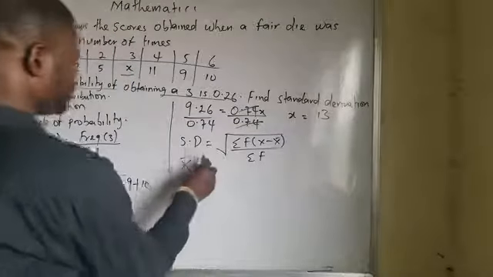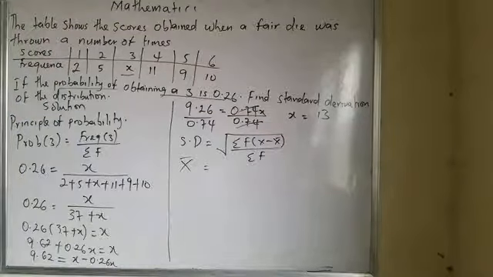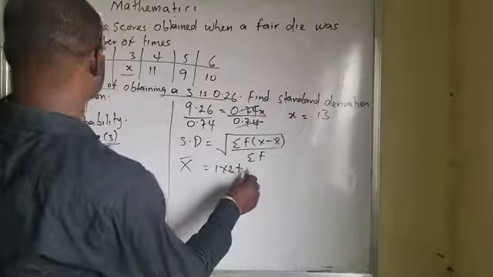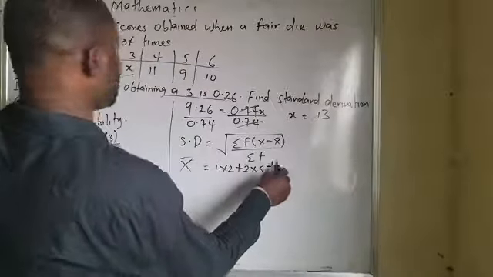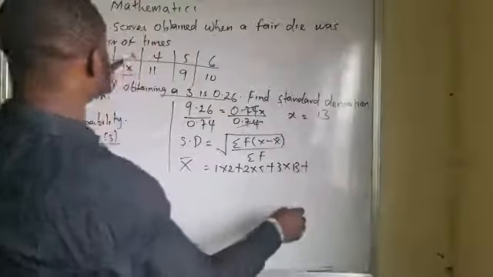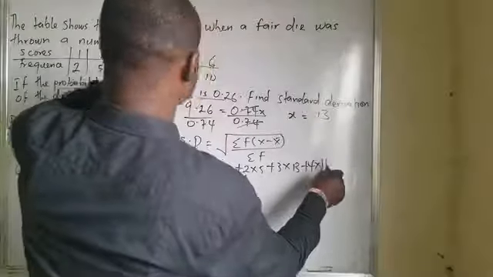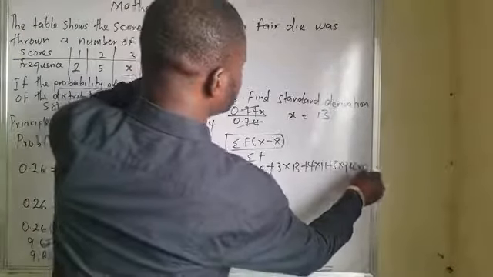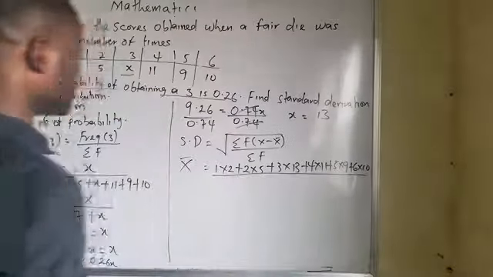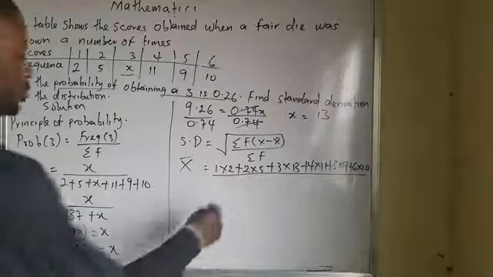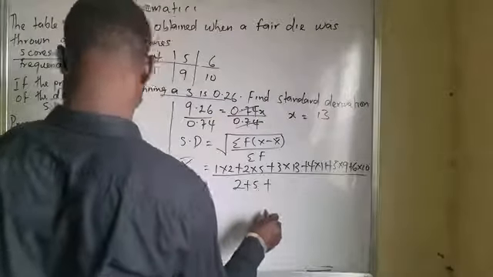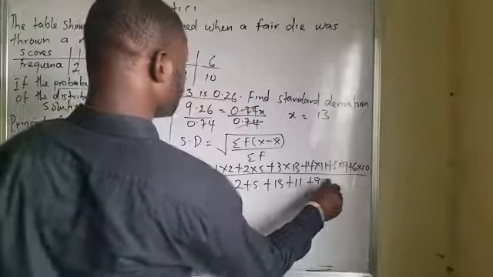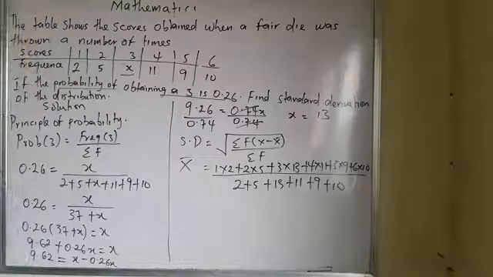My x bar is the mean, which will be equal to adding up everything: 1 multiplied by 2 plus 2 multiplied by 5 plus 3 multiplied by 13 plus 4 multiplied by 11 plus 5 multiplied by 9 plus 6 multiplied by 10, divided by the summation of f. The summation of f will be equal to 2 plus 5 plus 13 plus 11 plus 9 plus 10.